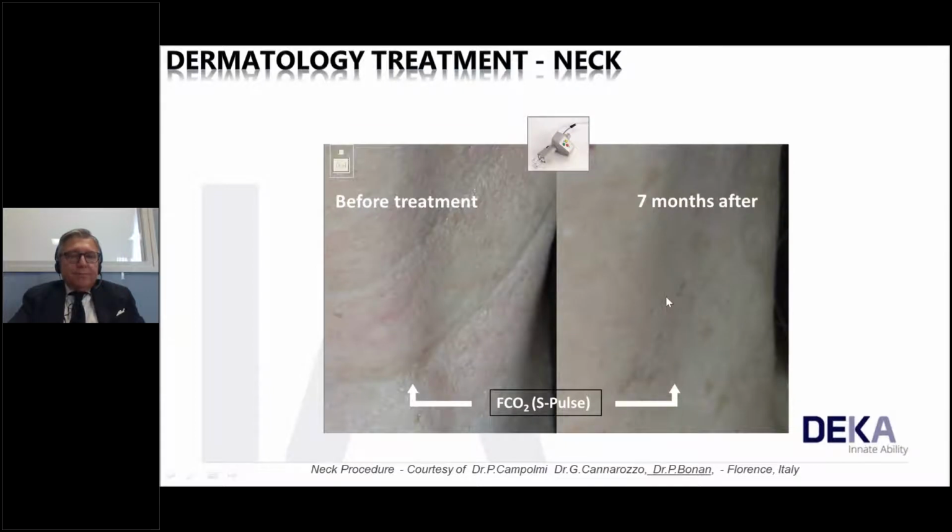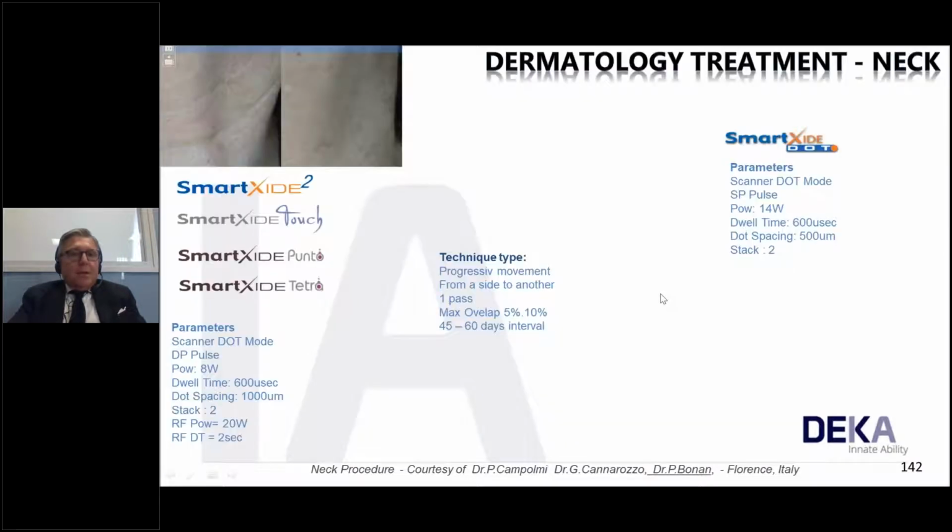Even another case. Well, you see the parameters. With the new platform, we have complete tightening of the skin with the DP pulse, power approximately around 8, dwell time 600 microseconds, dot spacing 1000 micron, and stack 2.